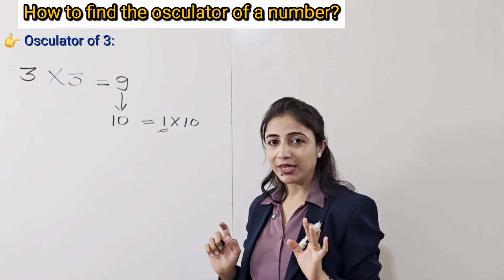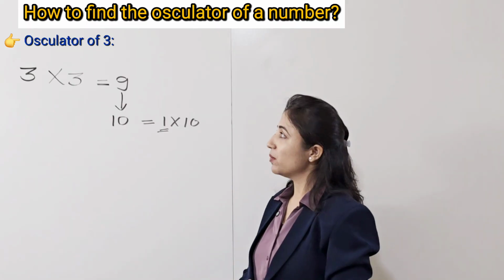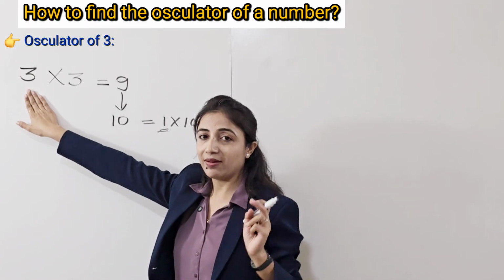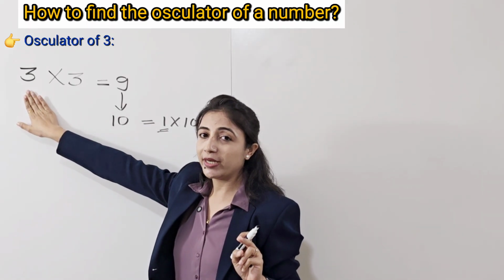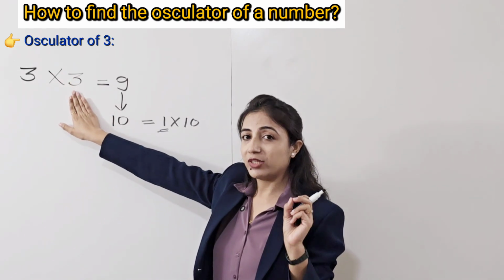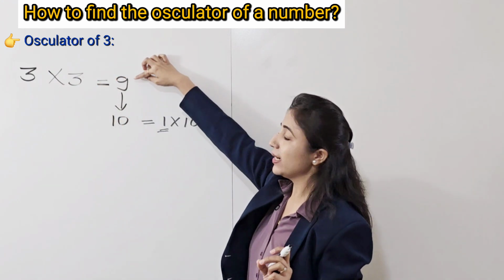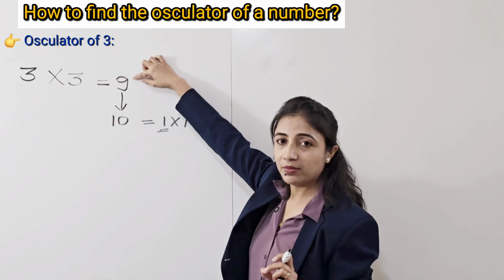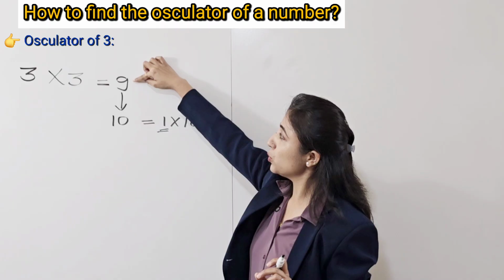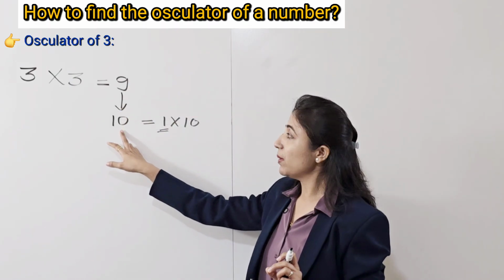Maybe it is confusing, but we will take one more example so that it becomes clear. So what have we done here? 3 is our number, and to find the osculating number for 3, we multiply it by the smallest number such that the product ends with 9. Here the product becomes 9, and you have to check whether it is near to any multiple of 10.